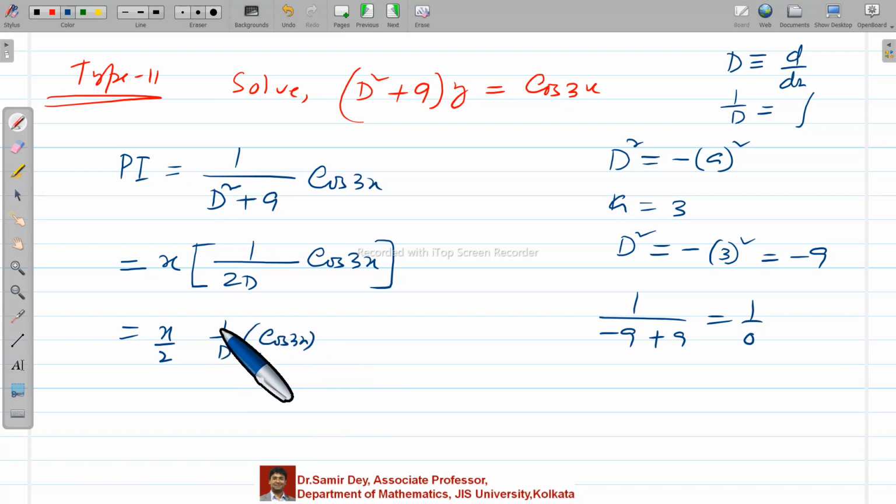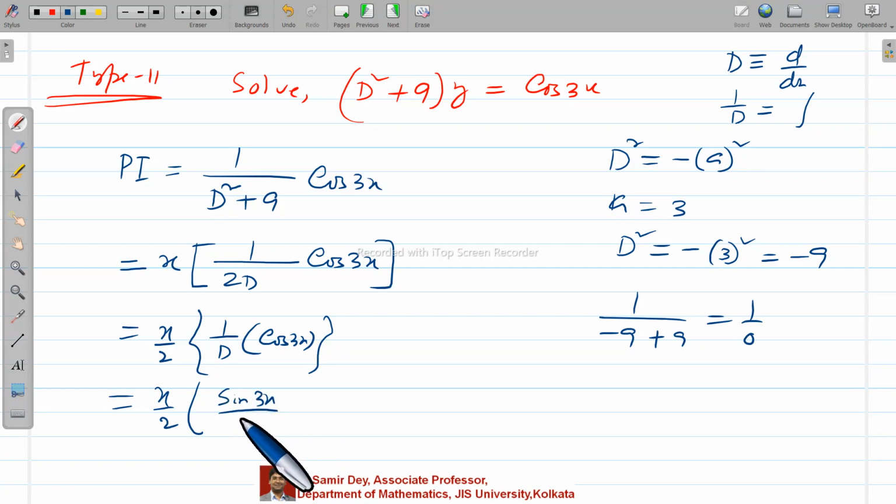Now you integrate this, the integration of cos 3x. It is coming x by 2 times the cos 3x integration. Anyone, plus or minus? Plus. Very good. So it will be sine 3x by 3.